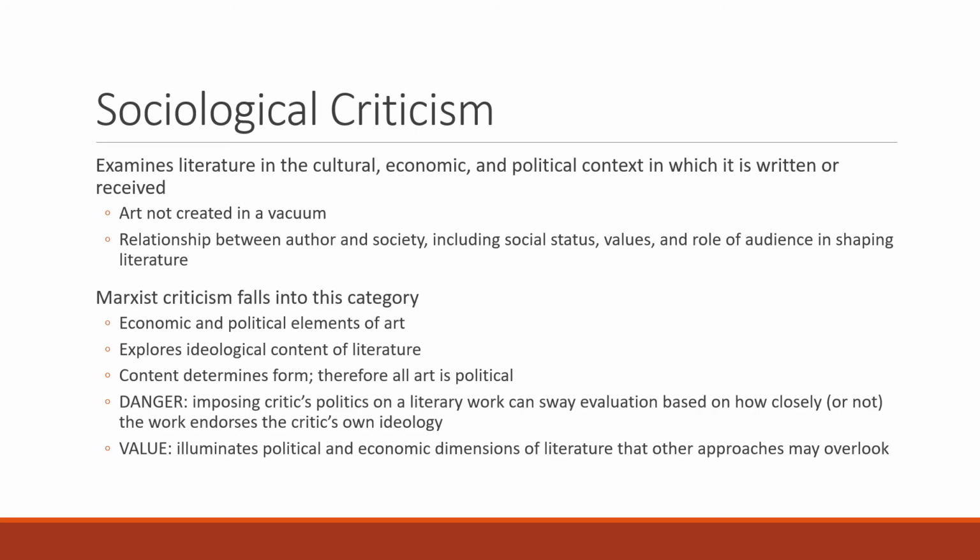Marxist criticism falls into this category. Marxist criticism tends to take a look at the economic and political elements of art, and it explores ideological content. It says that the content determines the form, that what you're meaning to say is going to determine how it shows up in what kind of genre, perhaps. So, therefore, all art is political.